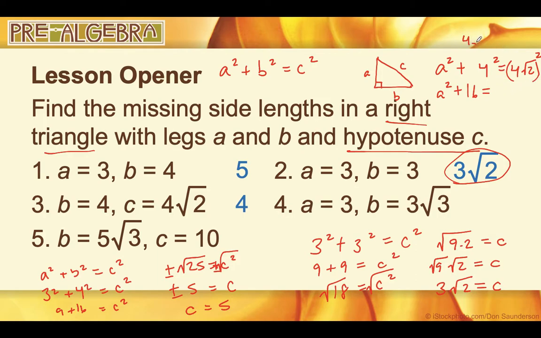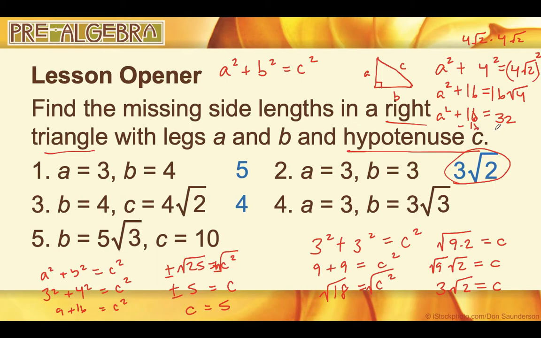Well, that's 4 times 4, which is 16. The square root of 2 times the square root of 2 is the square root of 4. That square root of 4 is 2, so it'd be 16 times 2, which is 32.